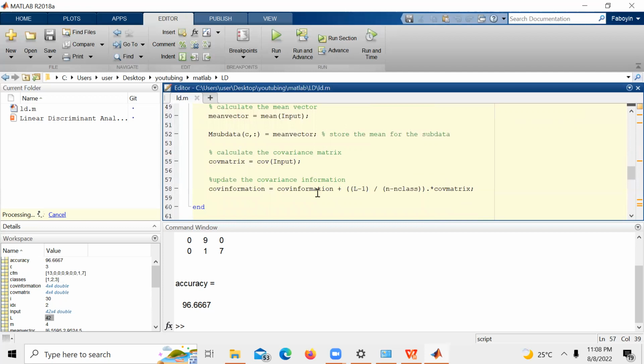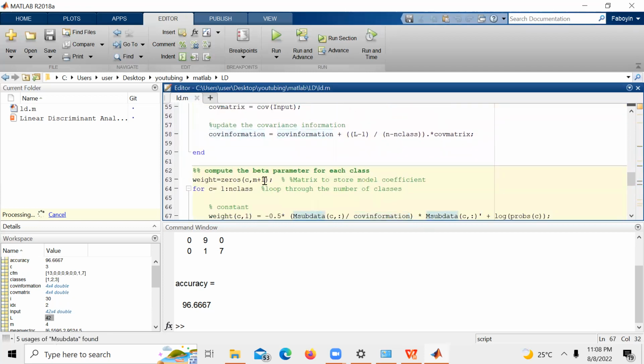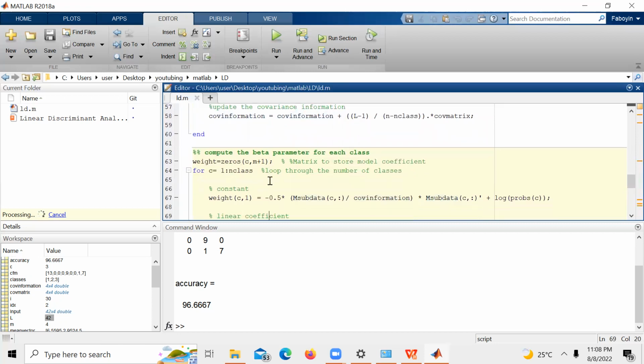So this is it. Then we also have the weight of this particular data set. So we estimate the weight. In this particular stage, you want to find the weight. This weight parameter, we also call it beta, and it's also called our linear coefficient.